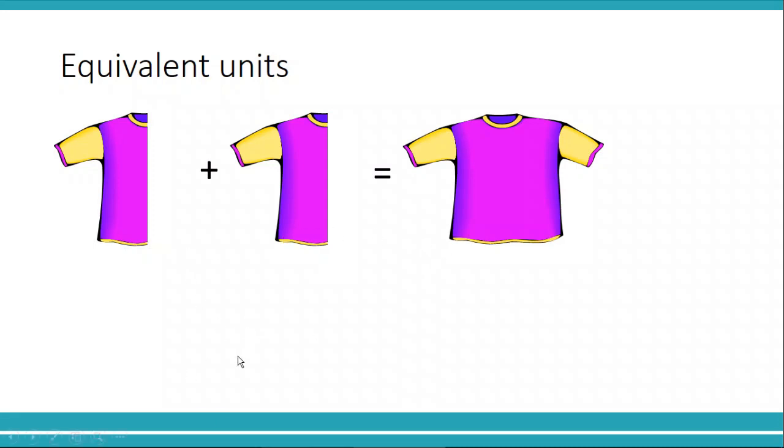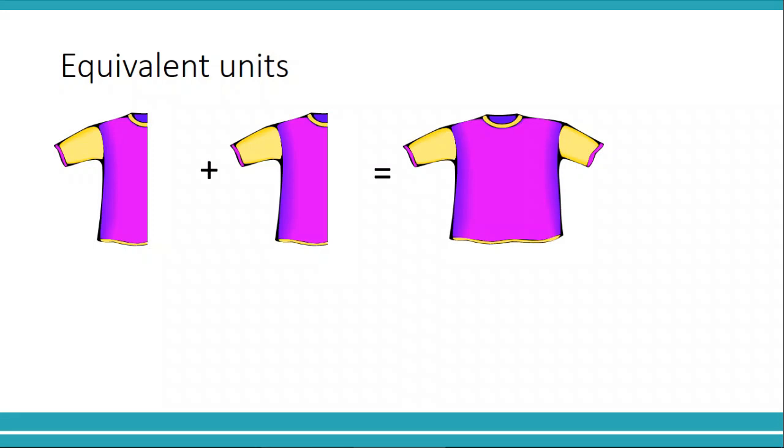Similarly, if you have 10 units in work in process and these 10 units are 60% finished, then although in counting these are 10 units, because they are 60% finished, you can say that you have 6 equivalent units, 10 multiplied by 60%. Similarly, if you have 100 units in work in process and these 100 units are 70% complete, you can say that you have 70 equivalent units.